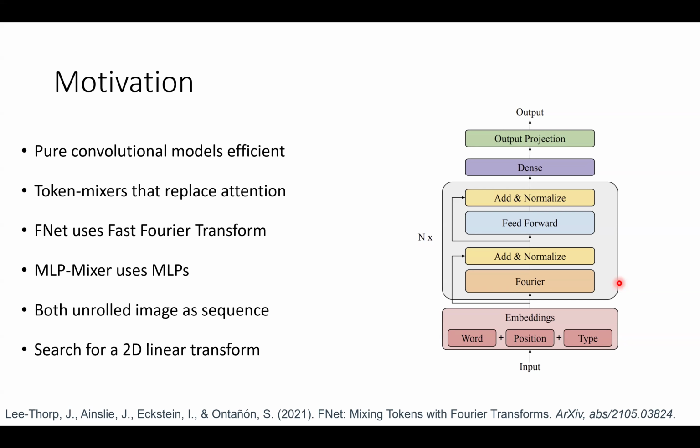Because NLP is basically a one-dimensional input problem, Fourier transform was a good choice. But what if we can create an architecture which does not have to unroll the image as a sequence of 1D tokens, which can retain the 2D structure and thereby keep the 2D inductive bias?